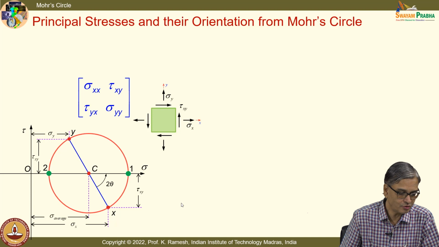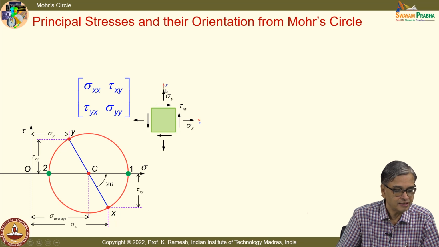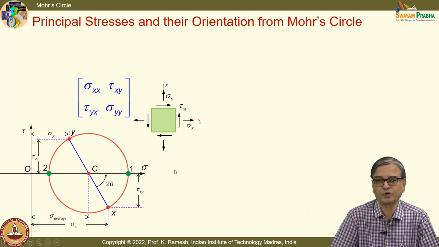And I have also removed what we had for an arbitrary plane. So, I have the tensorial representation of state of stress, I have a pictorial representation of state of stress, and I have a graphical representation of state of stress at a point.